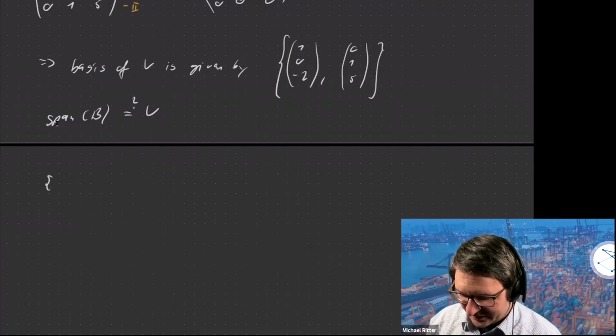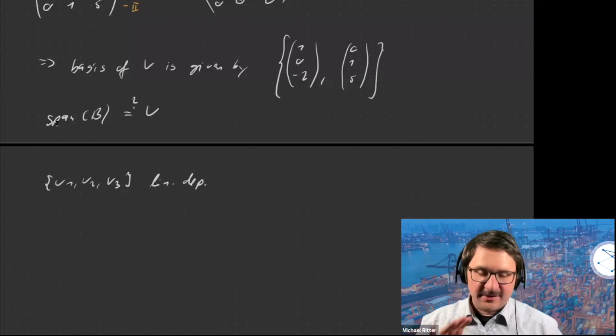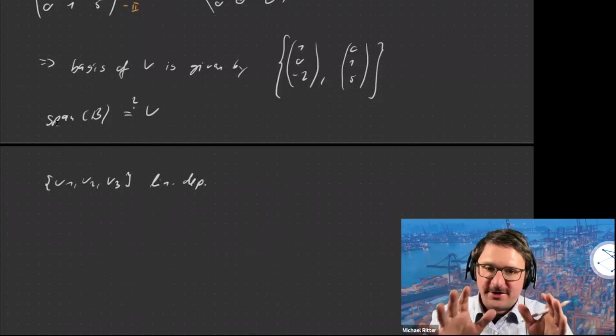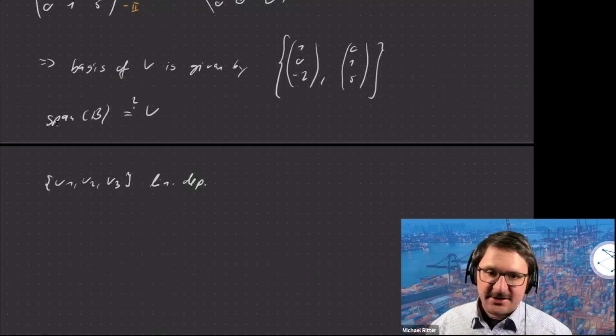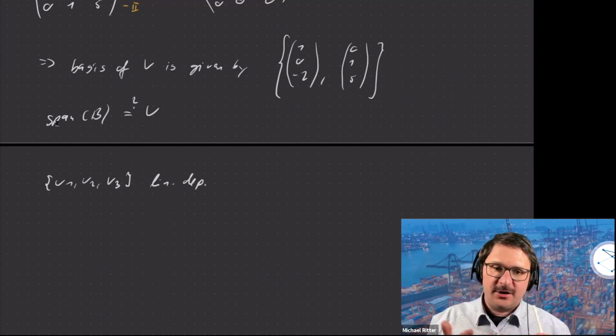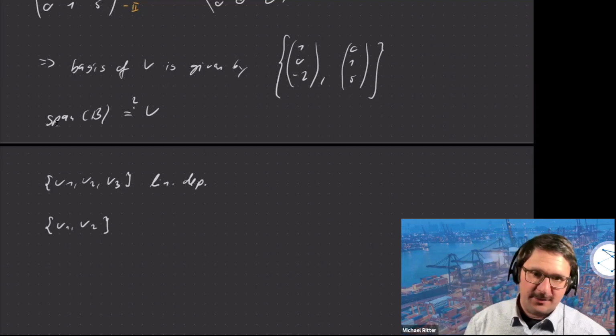So in A, we had the set V1, V2, V3, that was linearly dependent. Linear dependence and independence is always a property of a set of vectors, not of single vectors. You're always talking about a set here. So this set is linearly dependent, and that means there is at least one vector in that set that can be expressed as a linear combination of the others. And obviously, if we change that set, then we might lose that property.